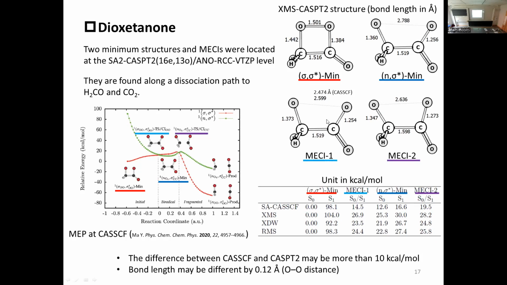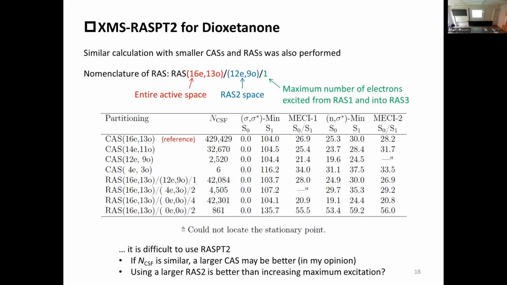And also, if we compare the bond lengths, CASSCF underestimated by like 1.2 angstrom. So the structure may be qualitatively different in some cases. For this kind of large active space, it is useful to use restricted active space. And I did some calculations using XMS-RASPT2 and CASPT2 using a smaller active space.